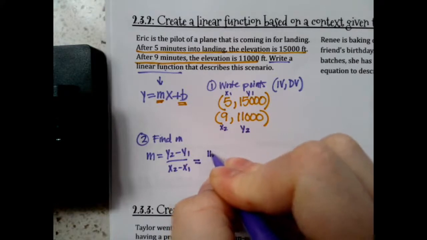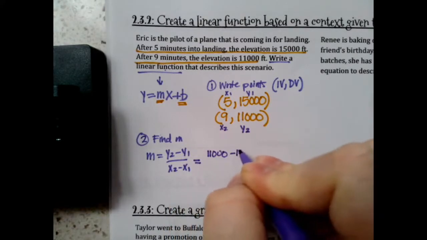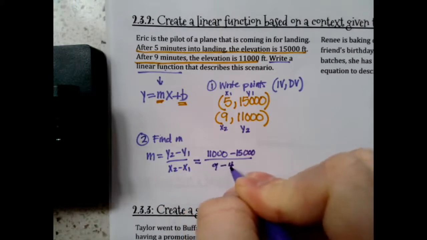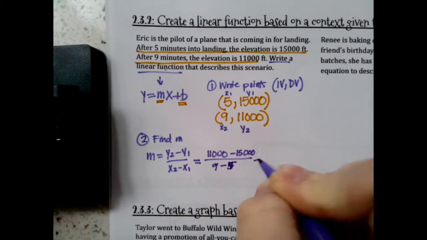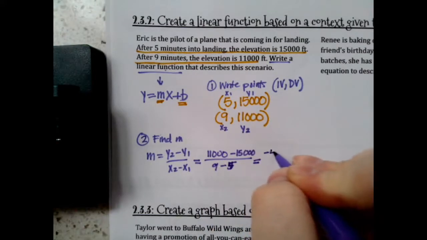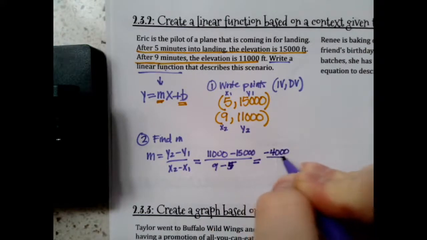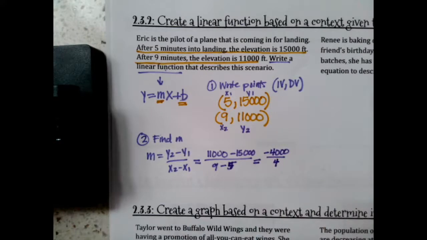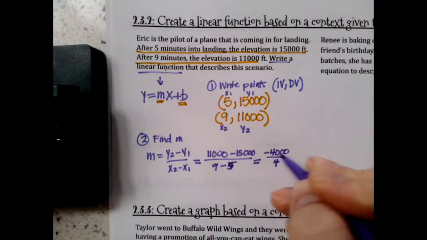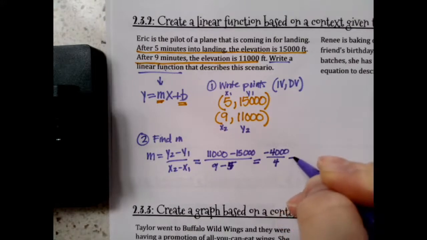So I have 11,000 minus 15,000 over 9 minus 5. 11,000 minus 15,000 gives me negative 4,000, and 9 minus 5 gives me 4. This can be simplified. Negative 4,000 divided by 4 ends up being a whole number.